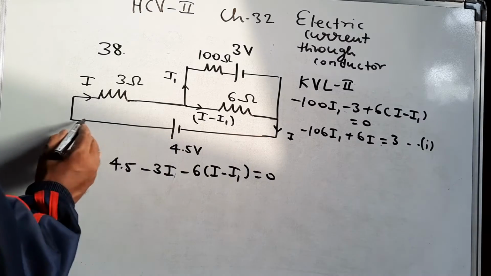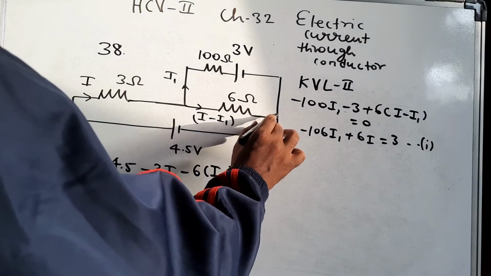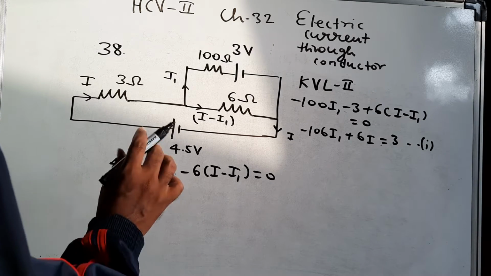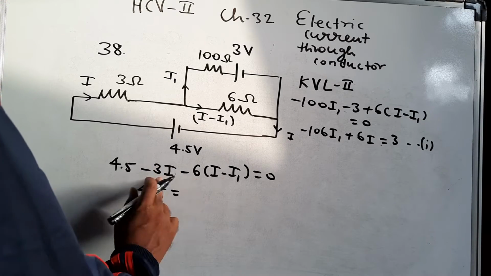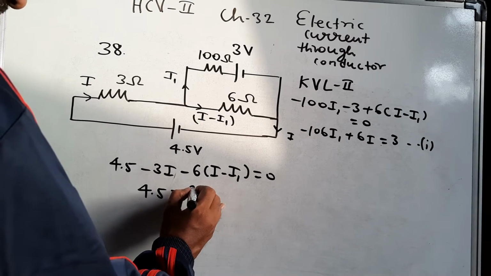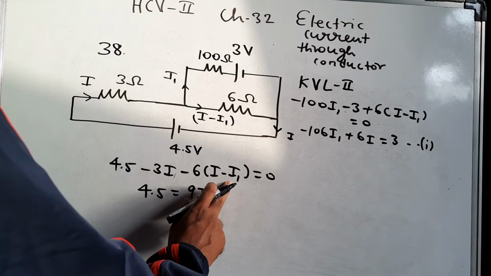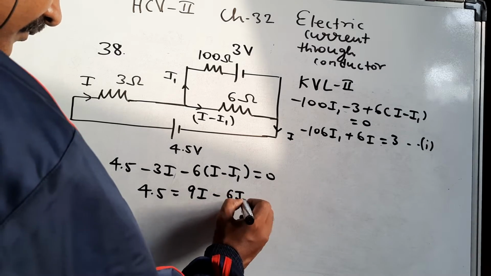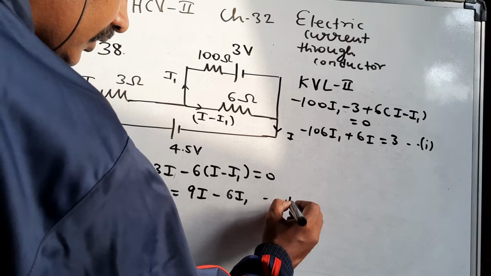So plus 4.5 minus 3I minus 6(I minus I1). Minus 3I minus 6I becomes minus 9I. So 4.5 is equal to minus 9I, that goes to the other side and becomes 9I, and minus minus becomes plus 6I1, going to that side becomes minus 6I1. So this is your equation number 2.